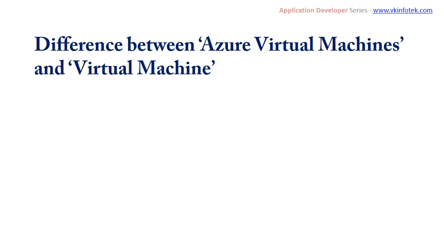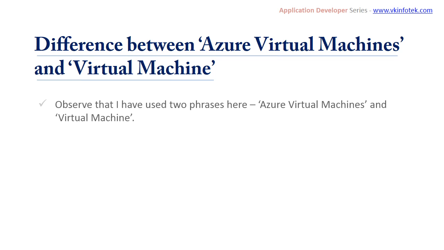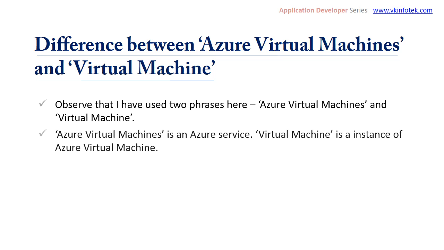The next point to be discussed is the difference between Azure virtual machines and a virtual machine. Observe that I have used two phrases here, Azure virtual machines and virtual machine. Azure virtual machines is an Azure service, whereas a virtual machine is an instance of Azure virtual machines.